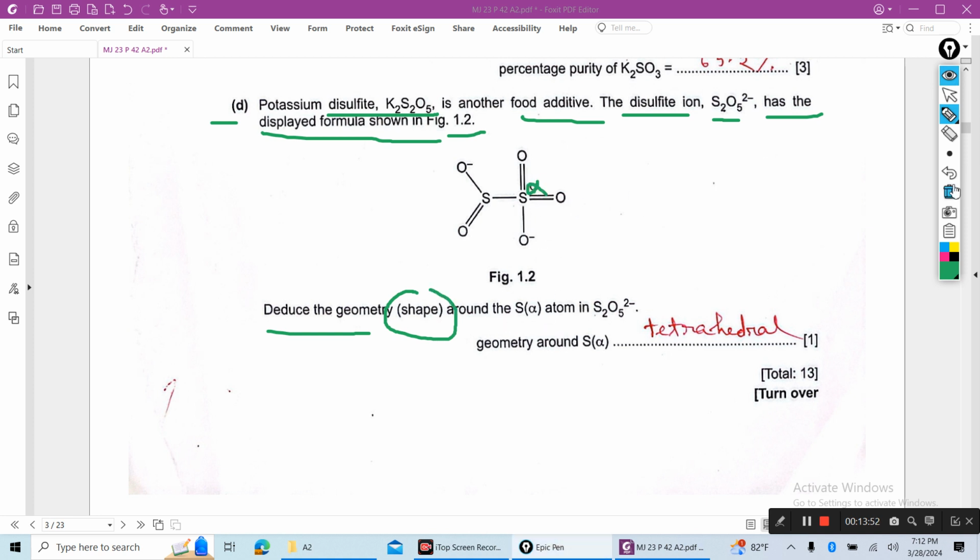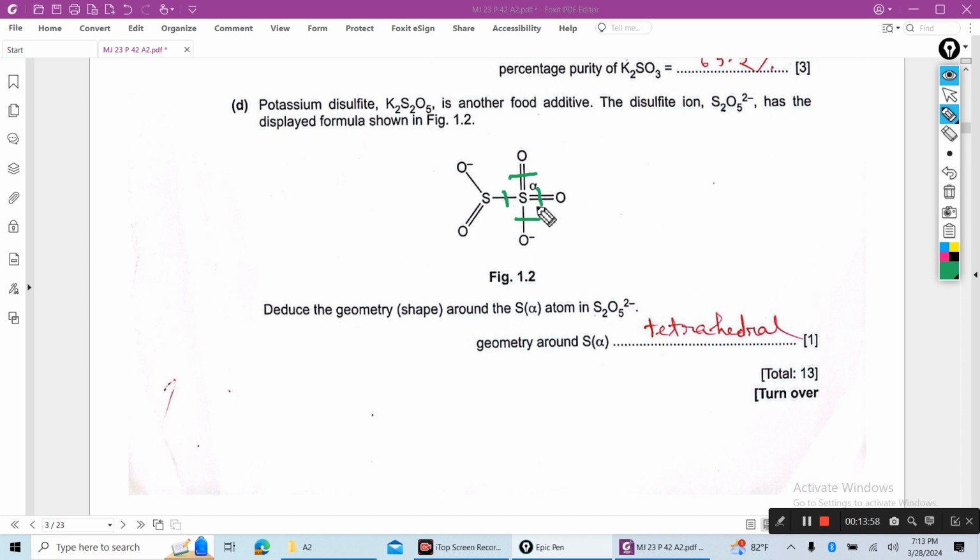You see how many bonds are present: 1, 2, 3, 4. Around the sulfur atom there are 4 bonds. 4 bonds means the geometry or shape will be tetrahedral, and you know a double bond behaves as a single electron pair. So a total of 4 pairs of electrons surround the sulfur atom. So this shape will be tetrahedral.